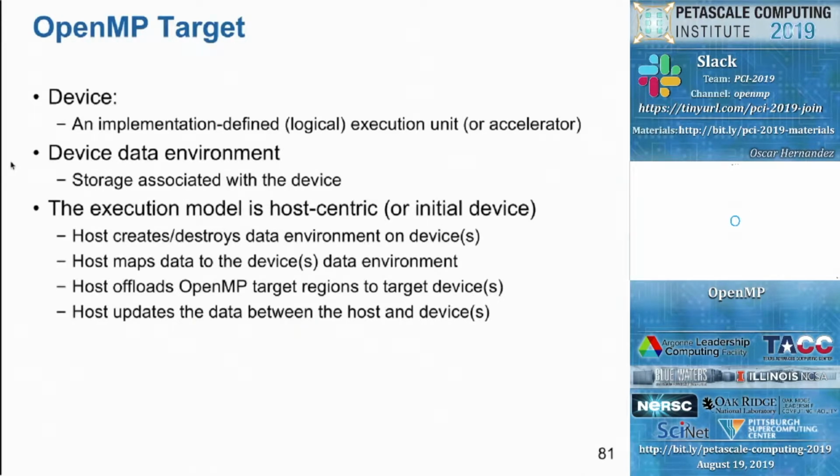Then we have this host-centric model, where we can use the host, for example the multi-cores, to offload computations or create data environments on these devices. As the computation progresses, there are synchronizations between the host and the device. These are things that we can do with the OpenMP Target directive.